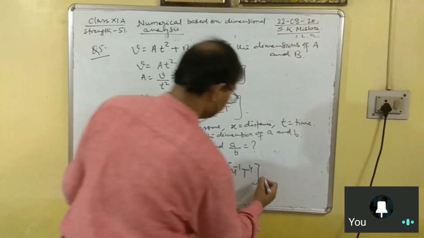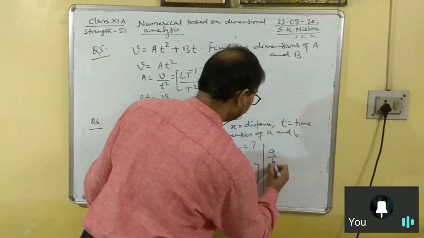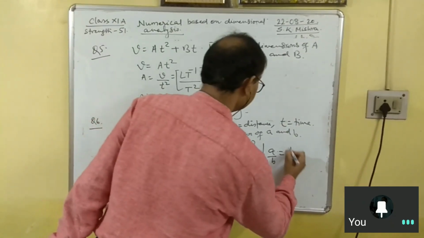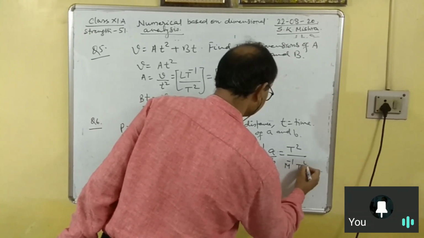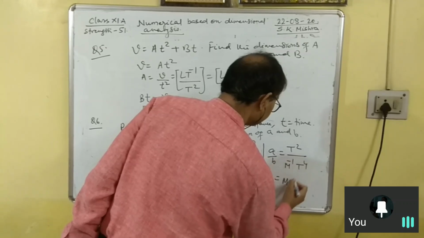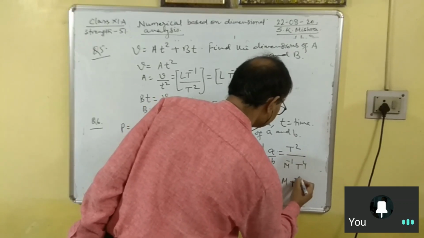Okay. So just to find A by B, now A is T square, divided by B which is M raised to minus 1 T raised to 4. So finally it is M raised to plus 1, and T raised to how much? Minus 2.